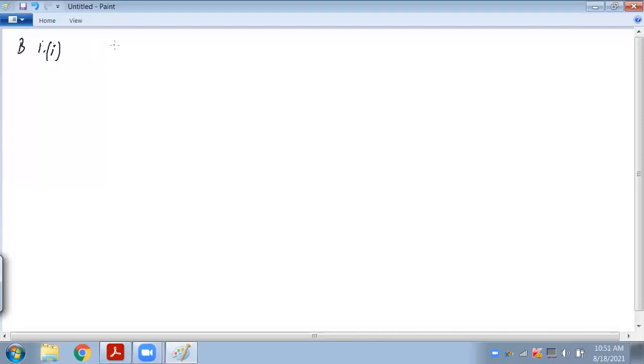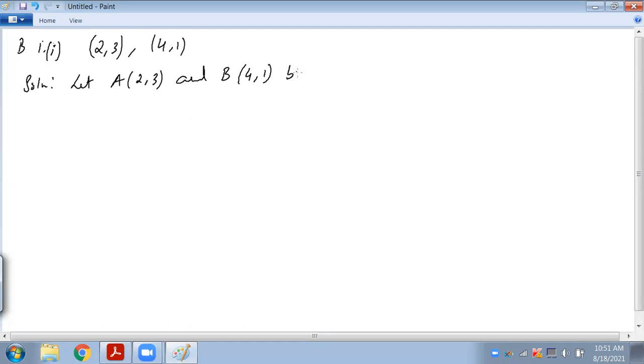The first question is (2, 3) and (4, 1). We'll take the 2 points as A and B, let A (2, 3) and B (4, 1) be the given points.